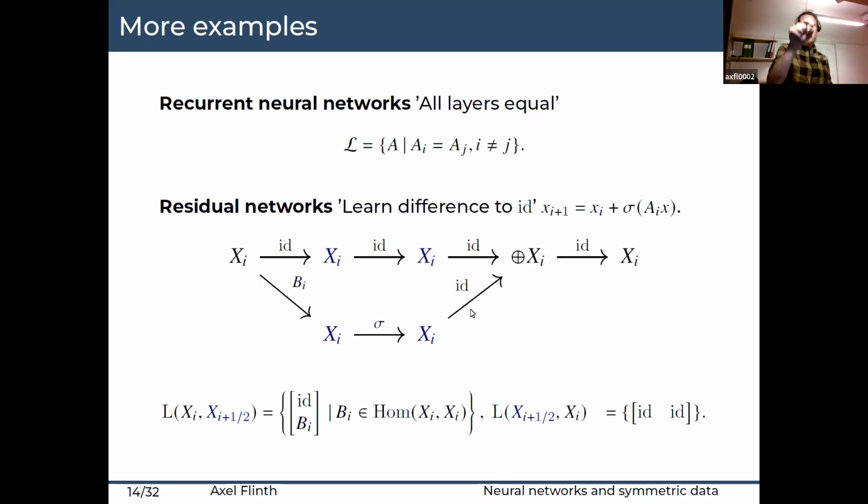So we introduce an auxiliary space here, the blue space, which is X_i times itself. And then I first prescribe my linear maps in the first step to copy my x, and then apply another linear map to the output. In the nonlinearity, I would then apply sigma only to the second argument.